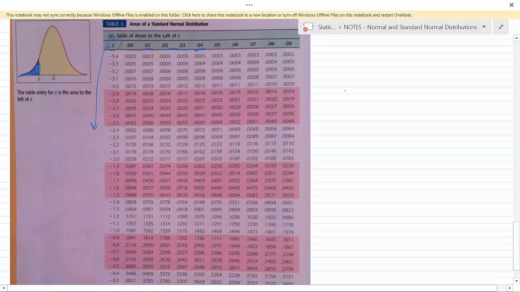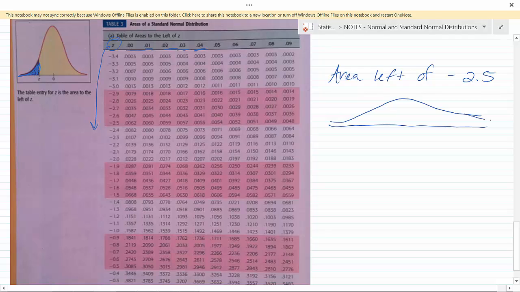So let's say I wanted to know the area left of negative 2.5. I recommend you always draw your normal curve first. And it's a rough sketch. So here's our mean mu of 0, a z-score of 0. And now we're talking about a z-score of negative 2.5, and we want to know the area to the left of that.